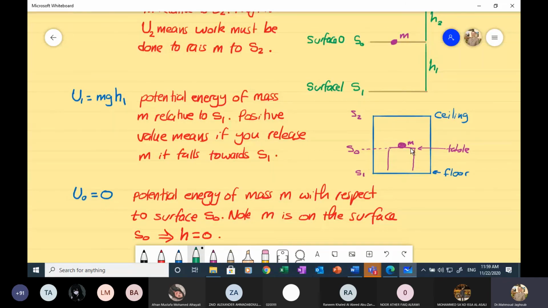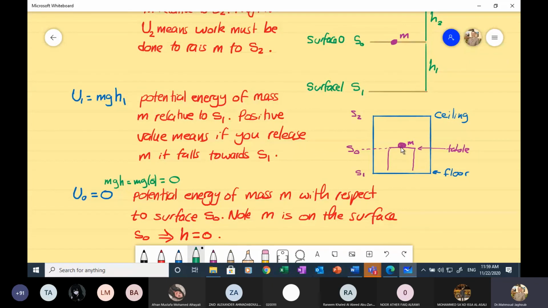It's on the table. So U0 will be equal to M times G times H, which equals M times G times 0 and equals 0. So the potential energy of this object with respect to this surface is 0. You see, it's resting on this surface.